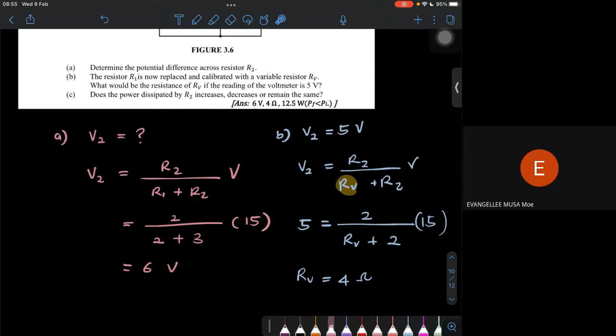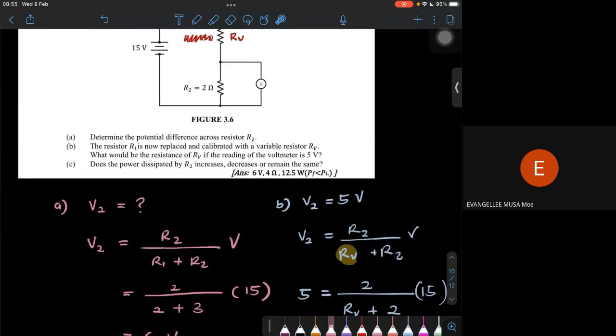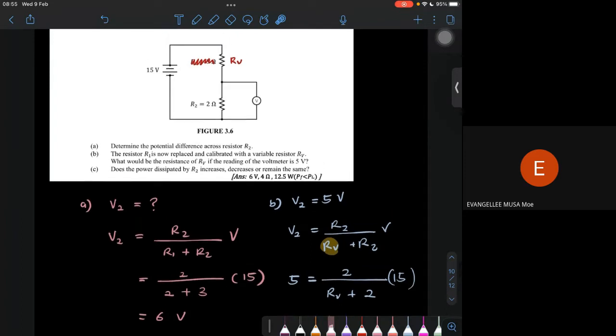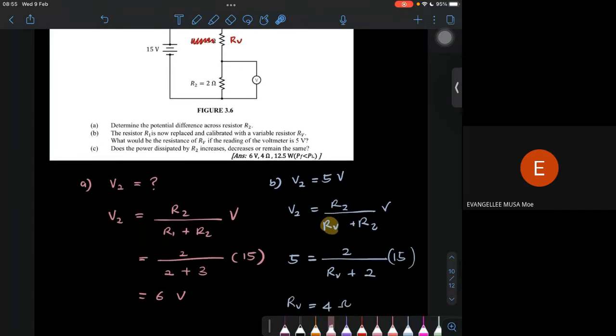Okay, kita tengok the last one. Does the power dissipated by R2 increase, decrease, or remain the same? Okay, so basically, first situation, dekat situation A di sini, kita sudah kirakan the voltmeter reading here is equal to 6 volt.